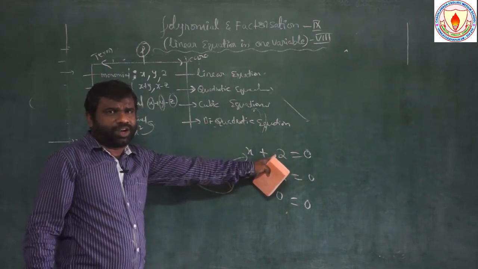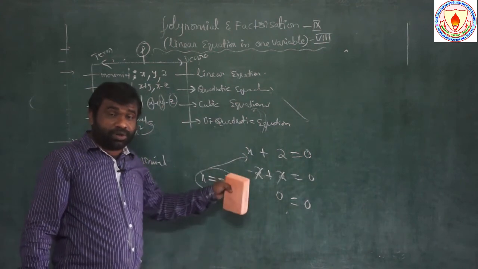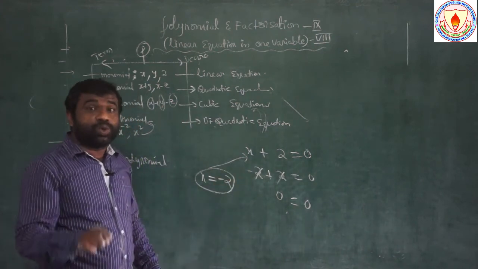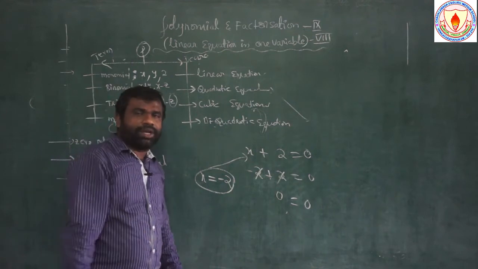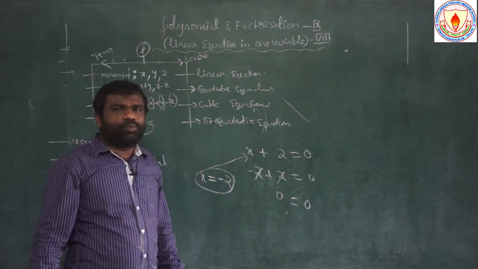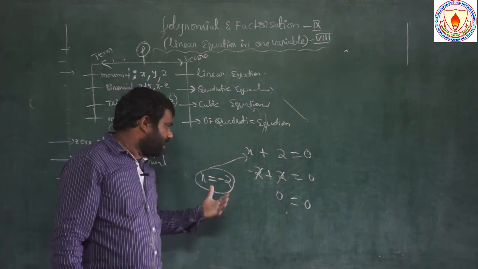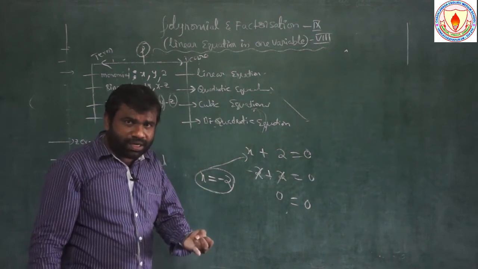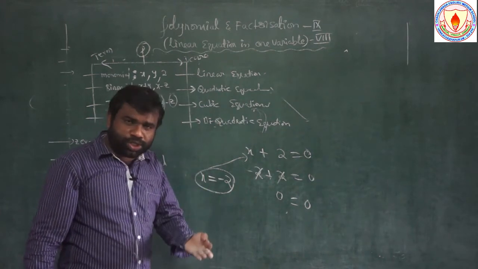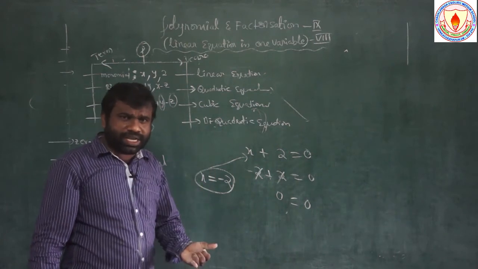In linear equations in one variable, whatever value we substitute in place of the variable to satisfy the equation, that value is said to be a 0 of the polynomial. Already we discussed roots, zeros and solutions, x values and solution sets.